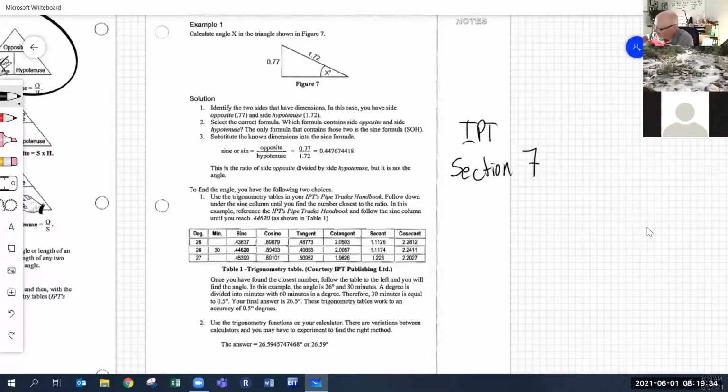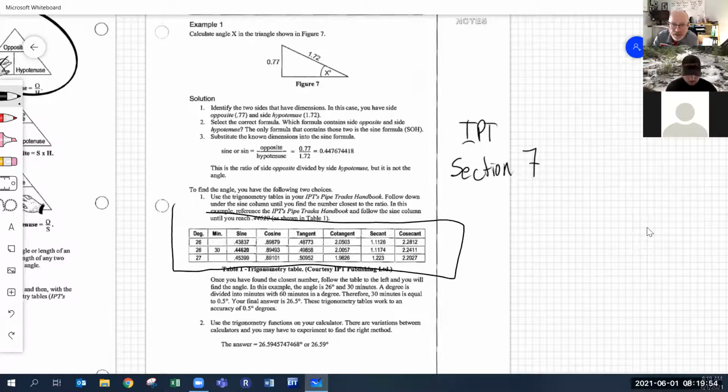Okay, so there are trigonometry tables within this book. So turn to page 287, I believe. And you will see a table in here, right? You'll see a table that looks like that.